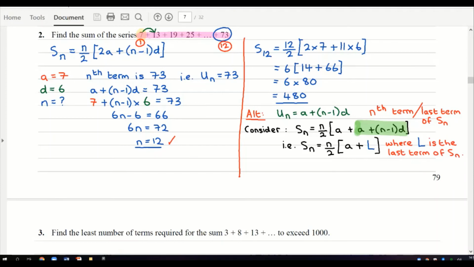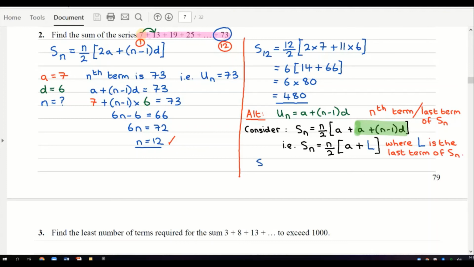So how does this help us? Well, it means we can answer this question probably a lot quicker, and it would actually be more useful in other situations where they tell you how many terms are in the series. So let's just do a check.